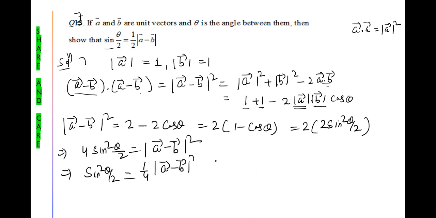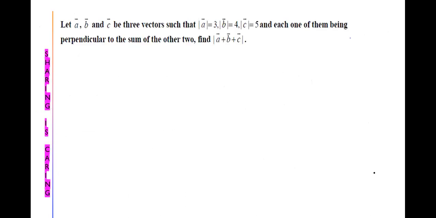Is it clear? It means sine theta by 2 equals 1 by 2 of magnitude of A minus B. Okay, hence proved. This is one of the very good questions, and important for next.